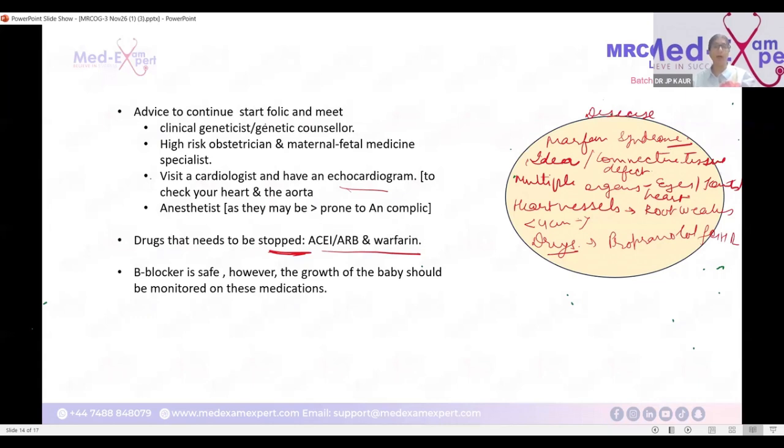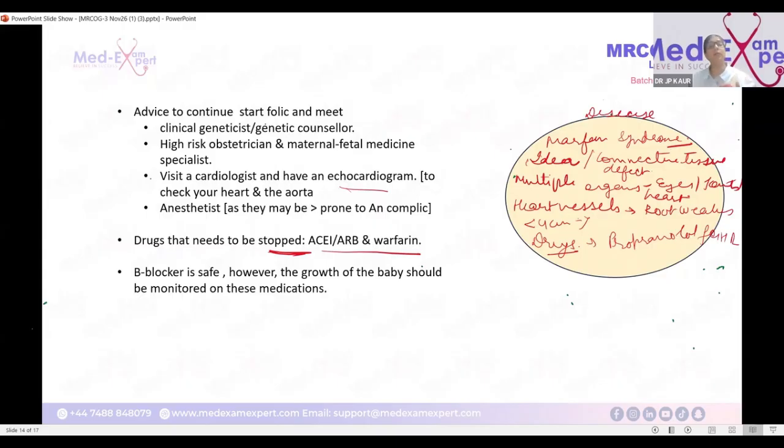Just don't worry. The chances are 50%, and 50% it can be normal as well. The genetic counselor will make it clear to you and you can take your decision accordingly. That's it, and you move on. Don't say any word like termination or anything like that.